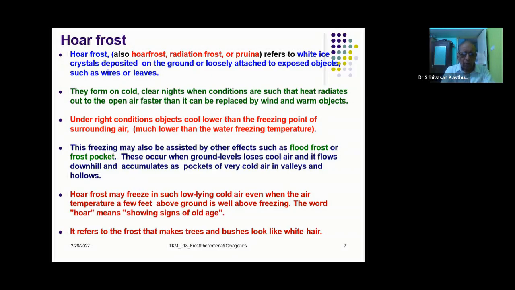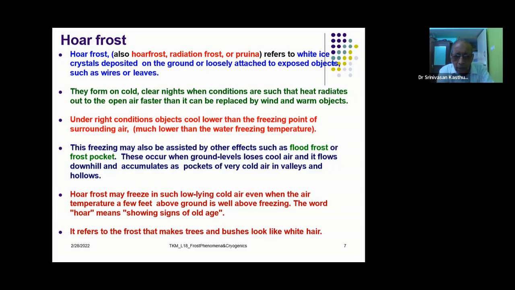Hoarfrost forms on cold, clear nights when conditions are such that heat radiates out into the open air faster than it can be replaced by winds and warm objects. So there is a cooling effect because of the radiation loss.